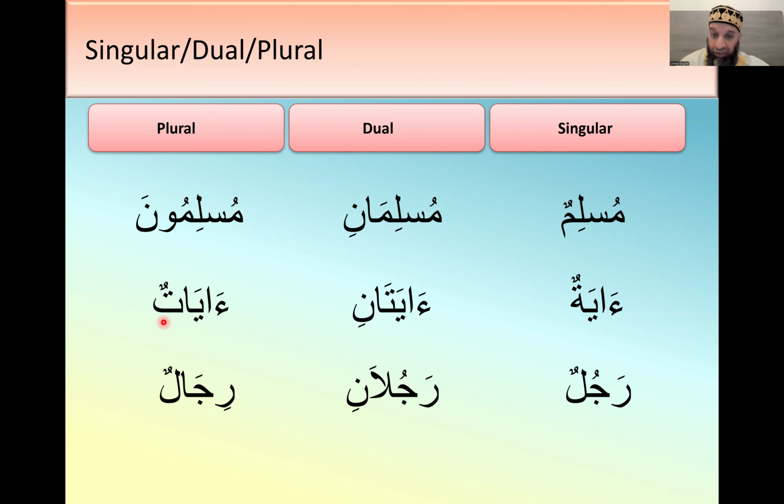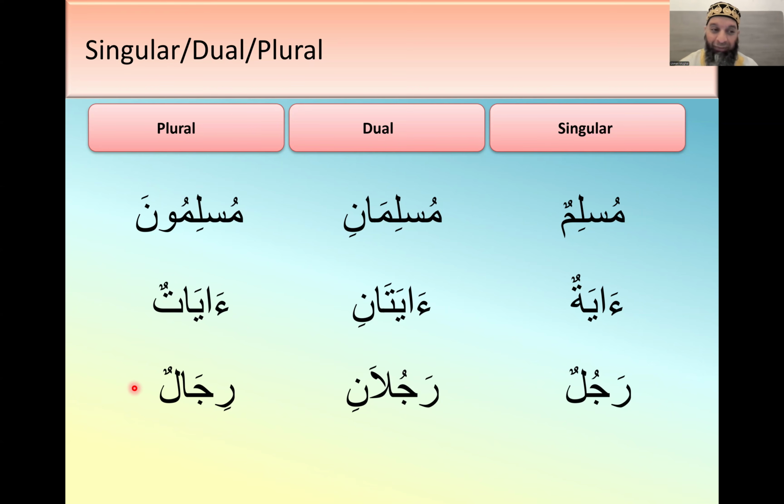You may even recognize these words. Rajulun, a man. Rajulani is 2 men. And rijalun is 3 or over. Is everybody happy with that? This is just showing you, I'm not asking you to learn anything yet. This is just giving you examples.